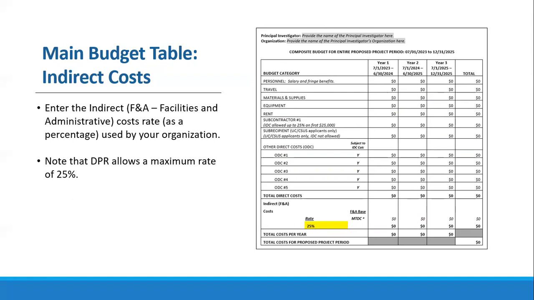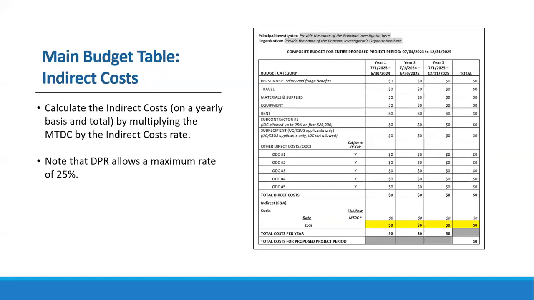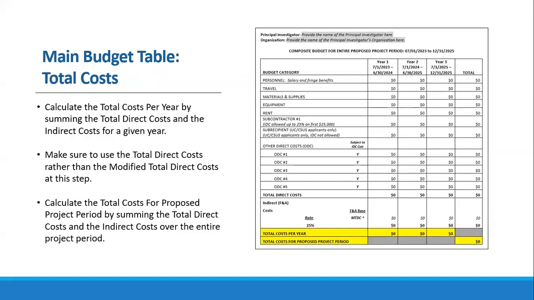So take the line above, that modified total direct cost, and multiply it by your institution's indirect cost rate. The maximum that DPR allows is 25%, but some institutions calculate their indirects at a different rate and use whatever is appropriate for your institution. Calculate those on a yearly basis and then also in total. And then once you have entered those numbers, make sure that they sum correctly across and then down as well.